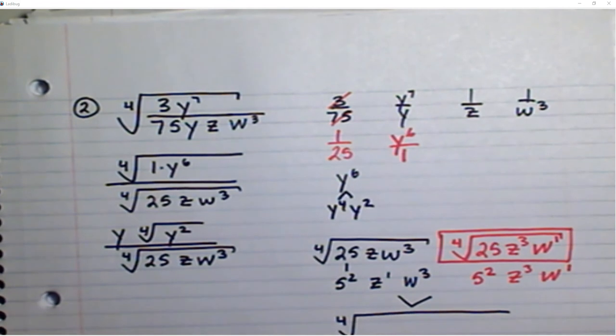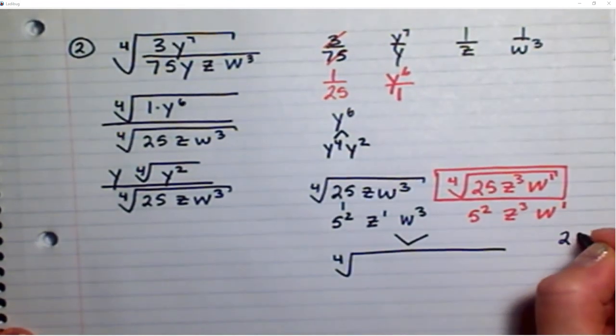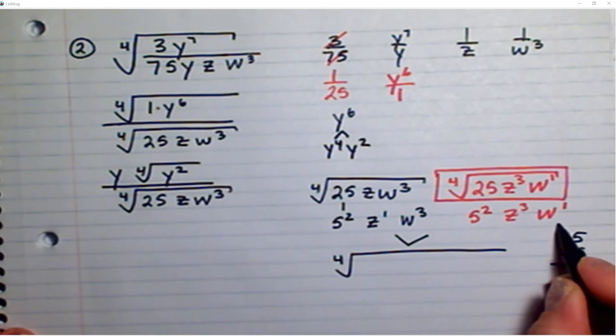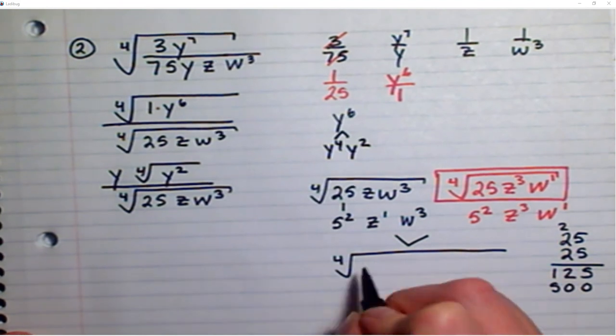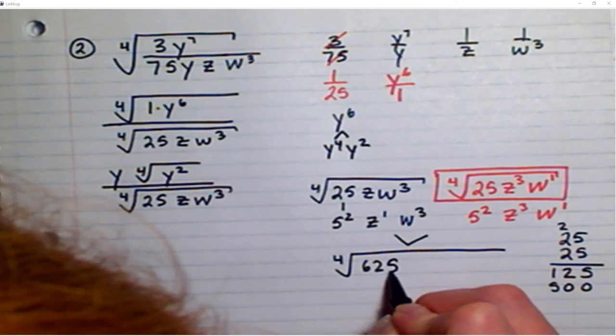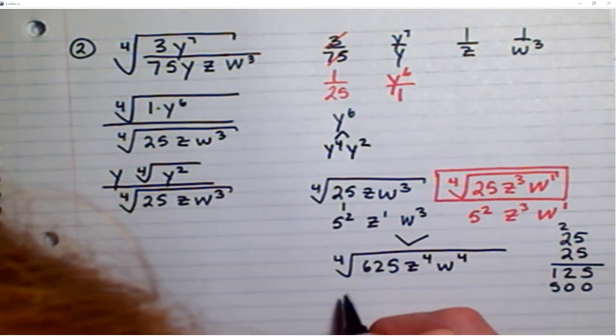Okay, so first, 25 is kind of a big number. I don't really feel like multiplying it out. I mean, I guess I could. Okay, 625. I could write it as 625, and I got z to the 4th and w to the 4th.